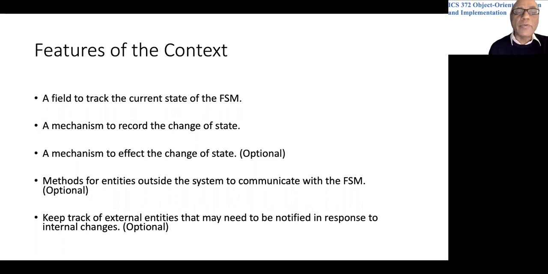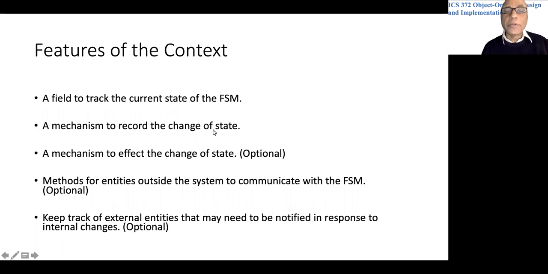So in this slide, we are talking about what the context is going to be storing. The context always remembers what the current state of the finite state machine is. The states themselves cannot store those. There is no point, really. It won't work. So somebody external to the state classes has to store the reference to the current state object.